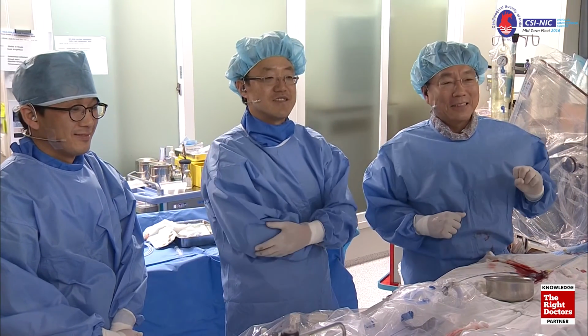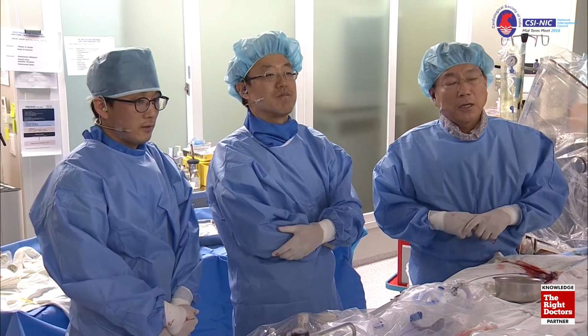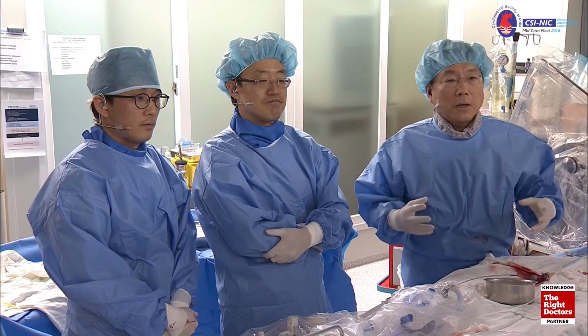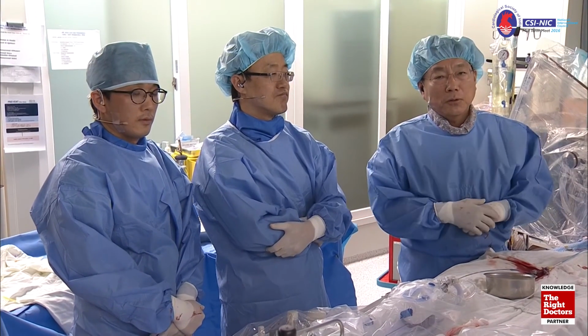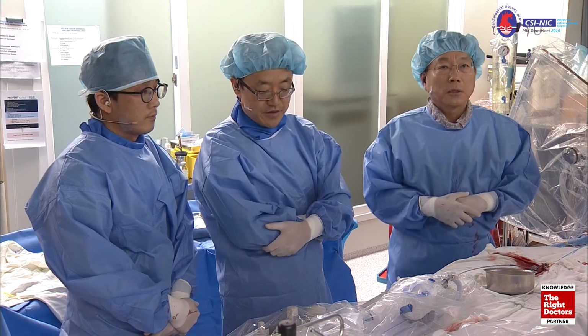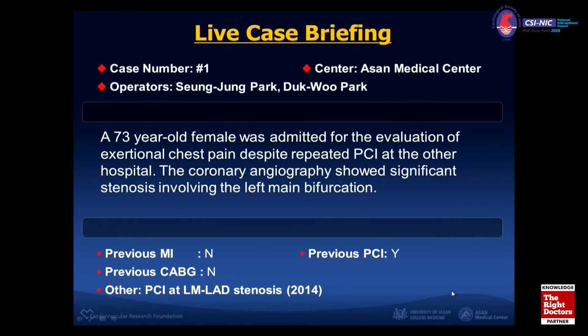We prepared two cases of main disease intervention. If you don't mind, we'll start with the first case. Dr. Bach will present the first case, and then we want to show some real coronary angiograms.